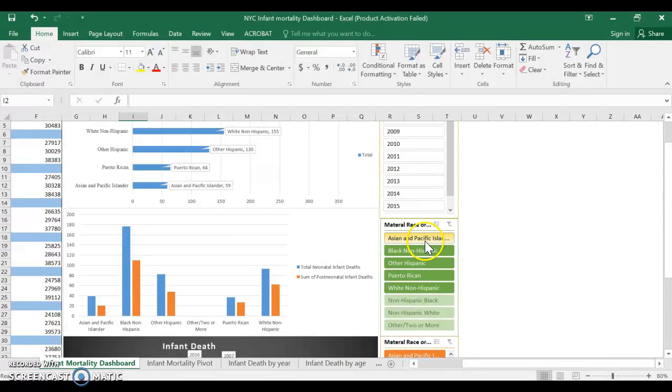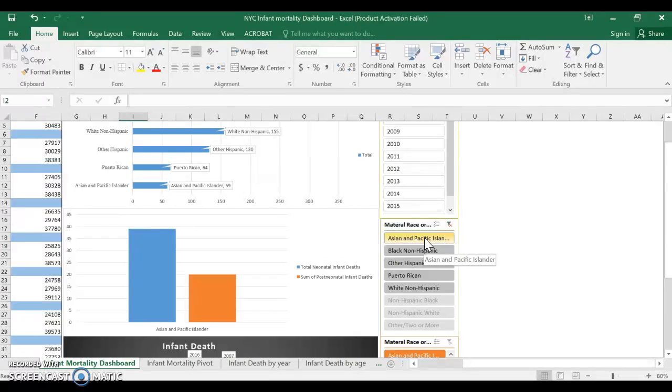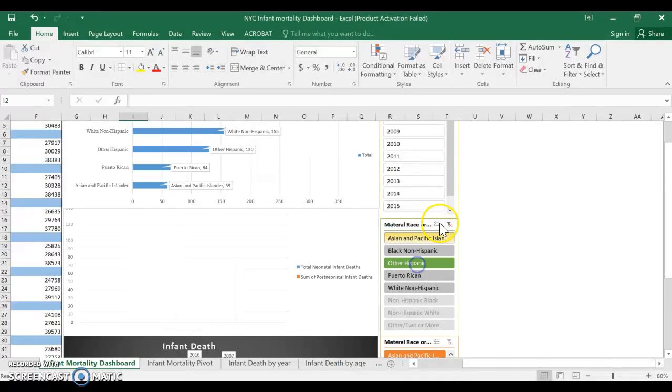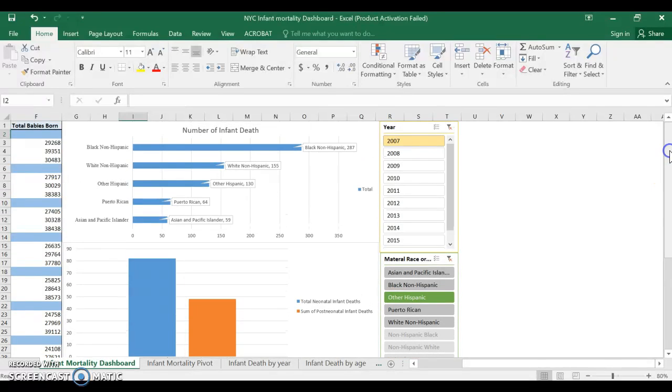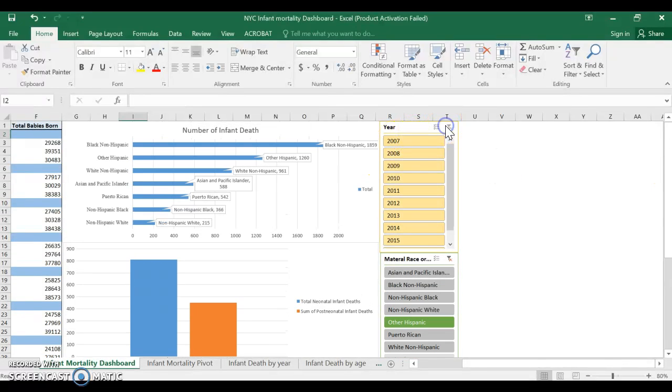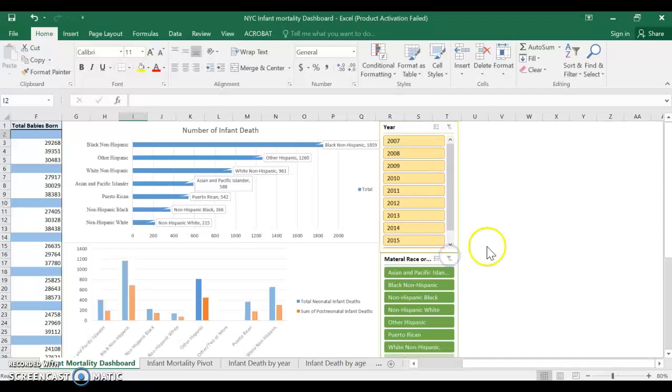And for instance, if I want to see a specific race as opposed to the entire group as a whole, I can just select one group and see it more clearly in my pivot chart here. Like this, and I can go on like this. I just cleared the filtering here to bring it back to the previous stage.